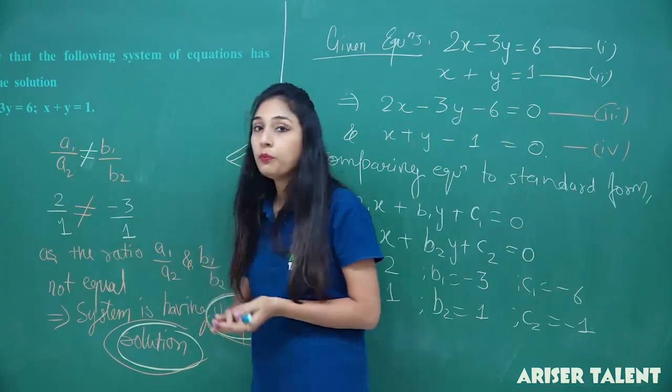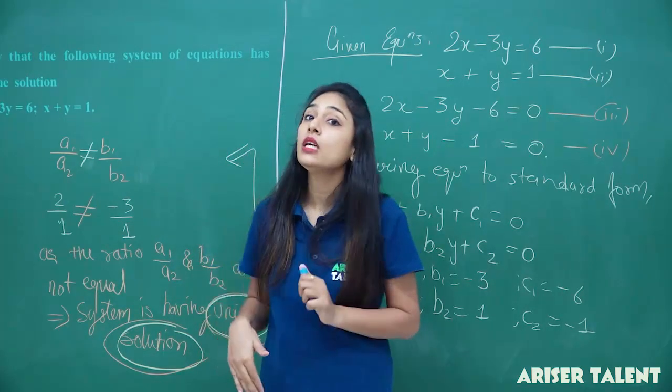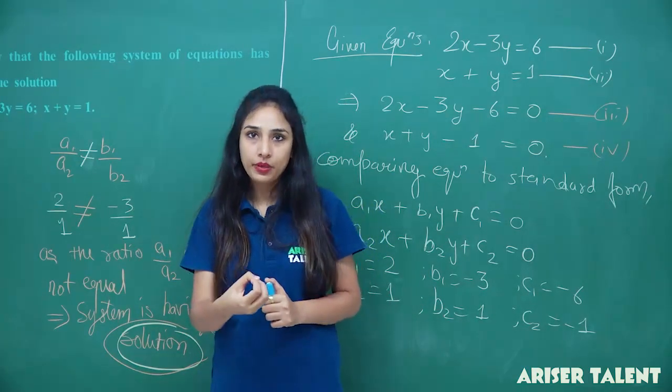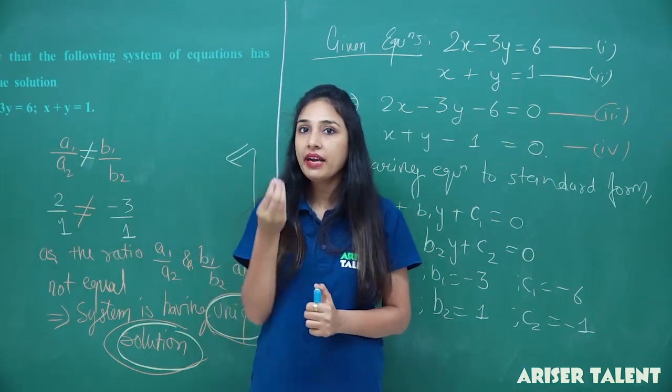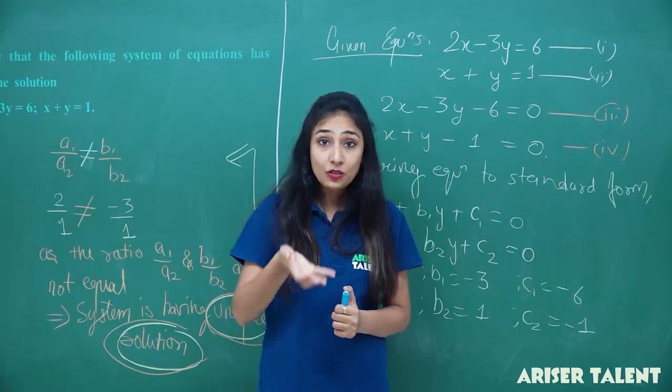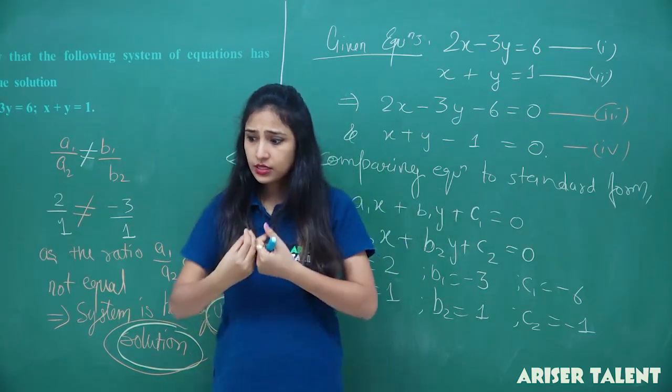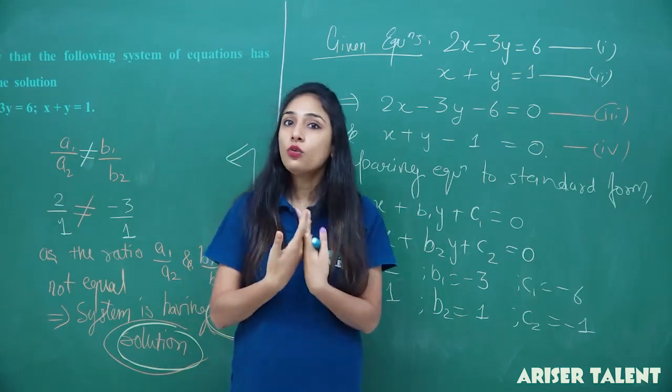Now we have many more questions based on the same pattern. This was the very basic example. You just have to put the values and find out whether A1 by A2 is equal to B1 by B2 or not. It's just so basic. Now what can you have?